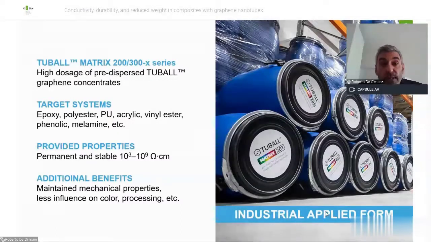Using tubal, we are able to achieve a permanent and stable electrical volume conductivity in the range of 10 power 3 to 10 power 9 ohm per centimeter, even, as I highlighted before, keeping, when possible, enhanced mechanical properties, but preserving the color.